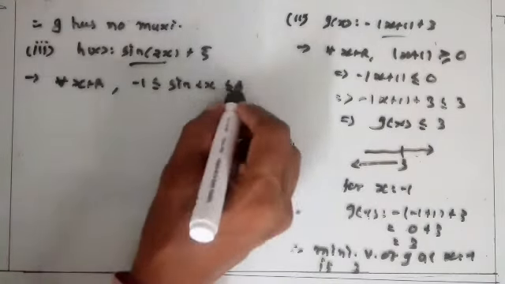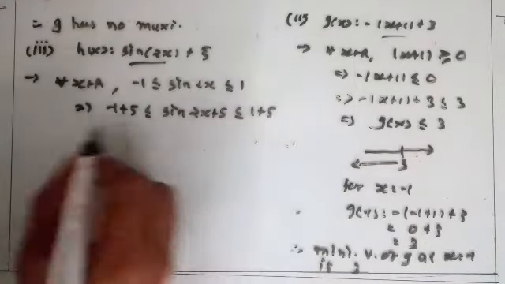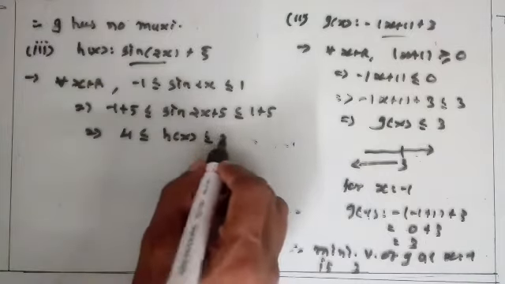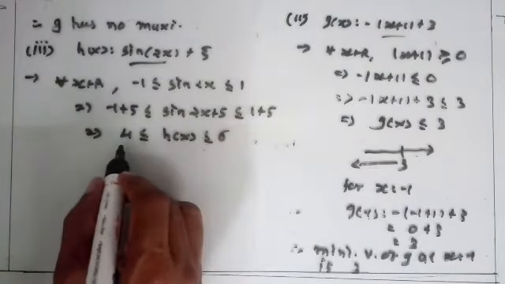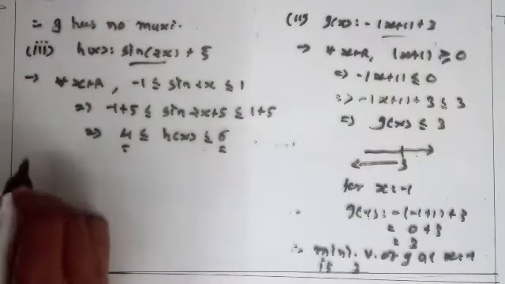This implies -1 + 5 is less than or equal to sin 2x + 5, which is less than or equal to 1 + 5. So this becomes 4 less than or equal to h(x) less than or equal to 6. So the minimum value is 4 and the maximum value is 6.